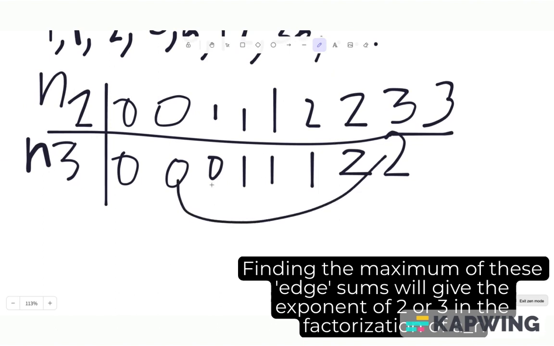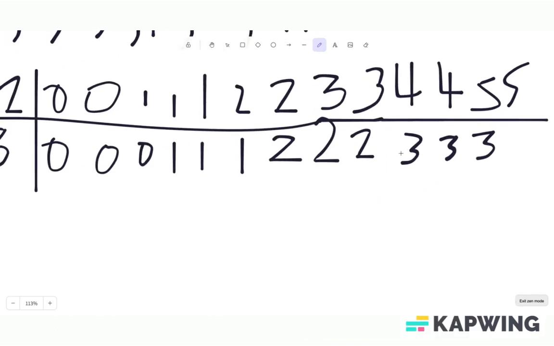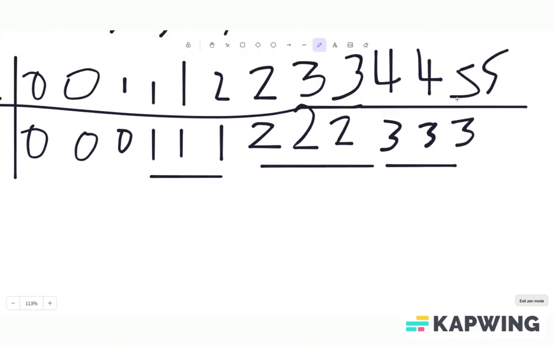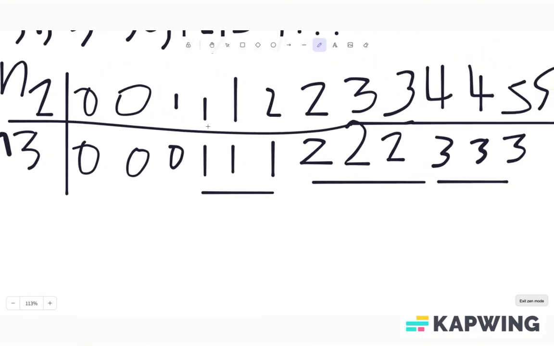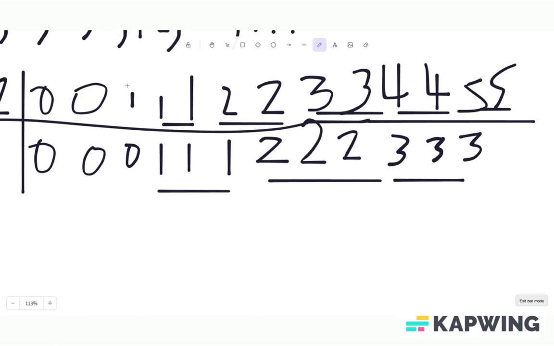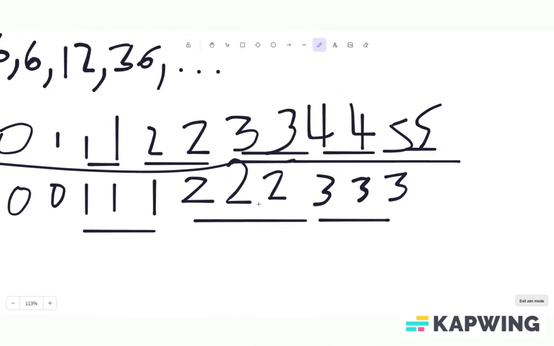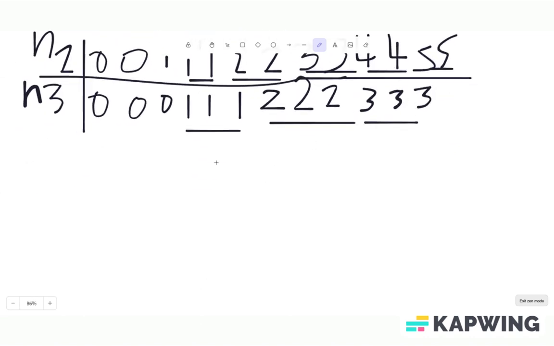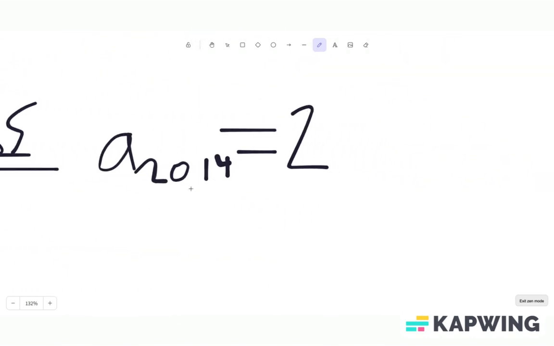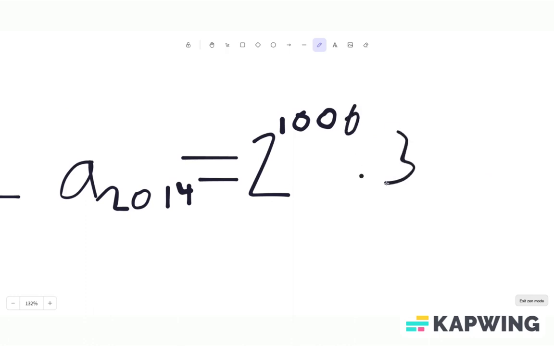If you continue this pattern, every 2 it increments by 1. The power of 3 increases by 1 every 3, and the power of 2 increases by 1 every 2, except for the first few numbers. You can take n divided by 2 and subtract 1 to follow that pattern.